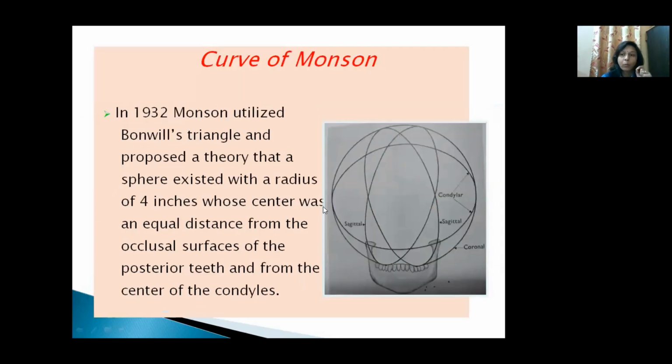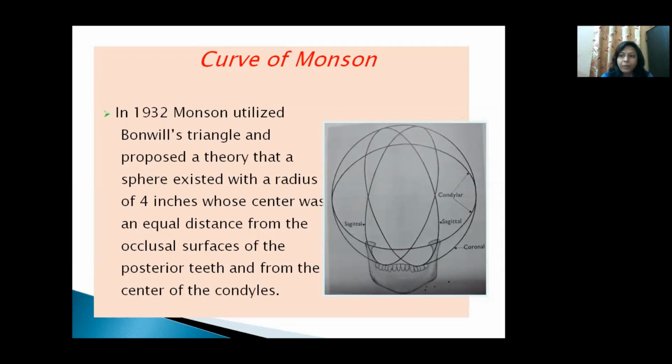Then one more compensatory curve, the curve of Monson. It is a lateral curve, and this is a 3-dimensional combination of the curve of Spee and Wilson. According to Monson, who introduced this curve, all cusps and incisal edges in the natural dentition are tangent to the surface of a sphere, which is approximately 4 inches in radius, that is 10.2 centimeters, with its center in the area of the glabella.